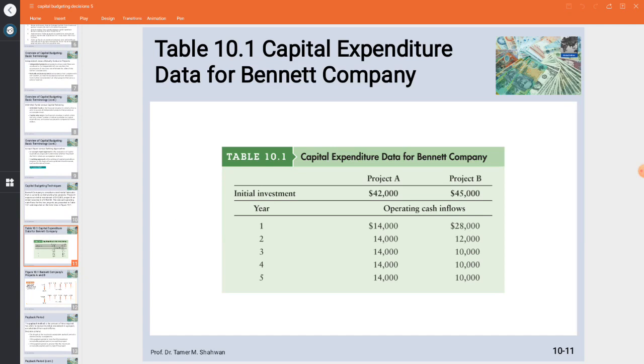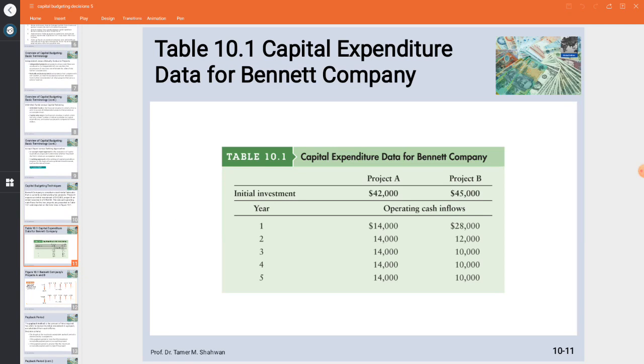As you see here, these are our two projects, Project A and Project B. The initial investment of Project A is 42,000. For Project B it is 45,000. And then we have operating cash inflows over 5 years for each project. For instance, for Project A, our operating cash inflows are constant, in an amount of 14,000 over 5 years.